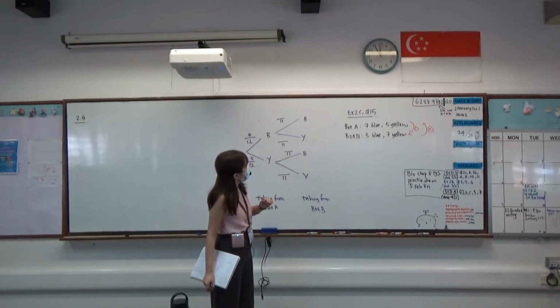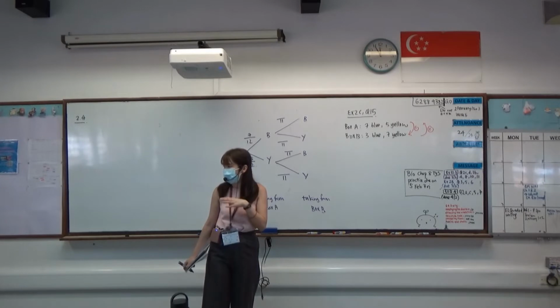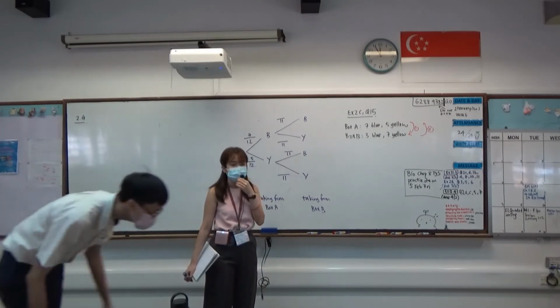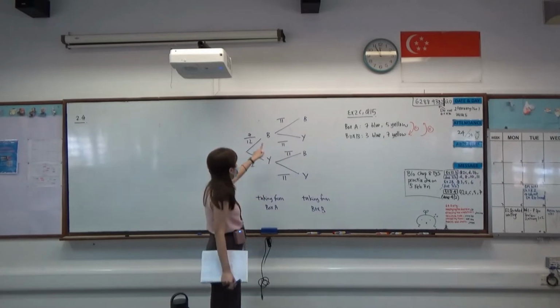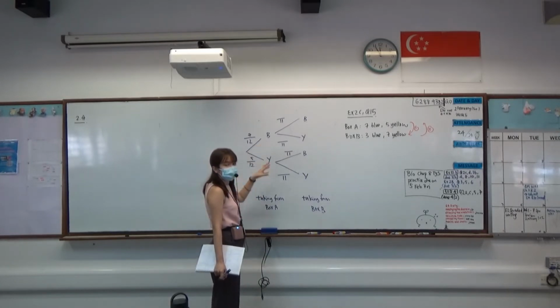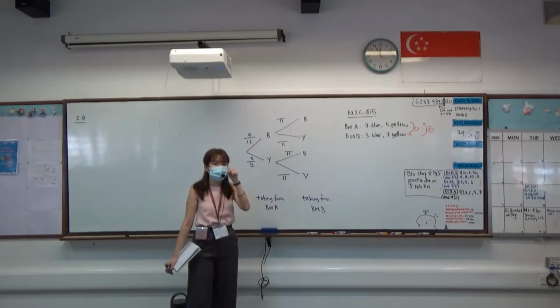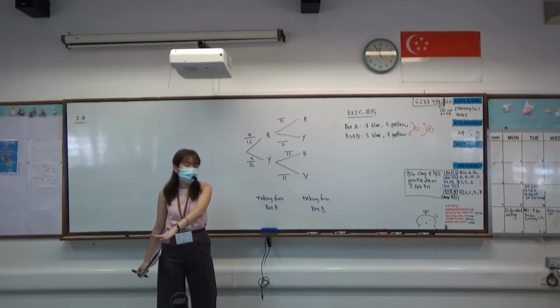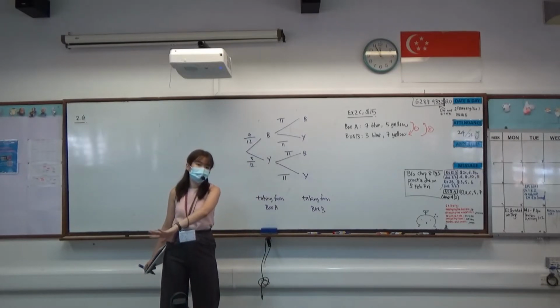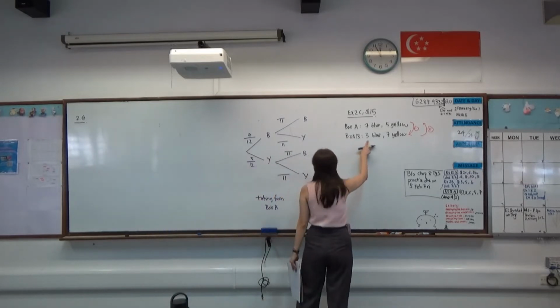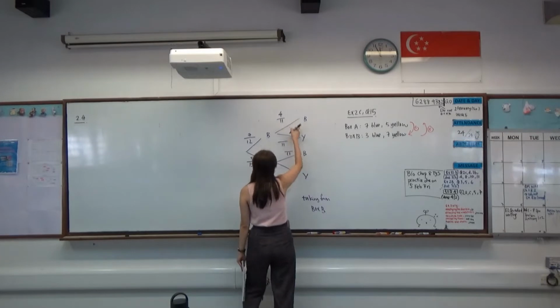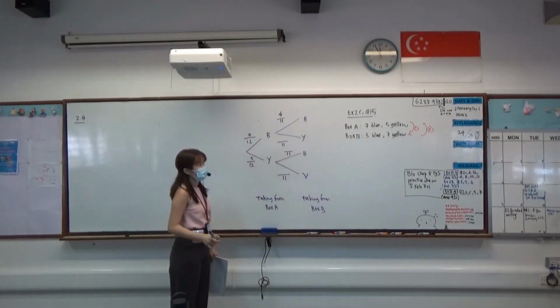Why 6 then? Where does 6 come from? I take one blue one from box A, put inside box B. How many blue are there in box B now? 4, right? Okay, because originally that's 3, we now have 4 blue ones in box B.